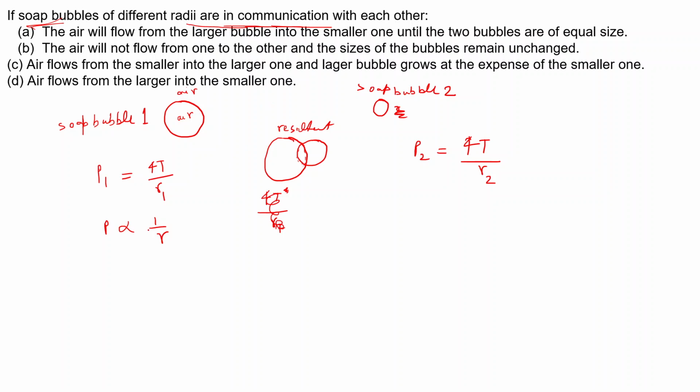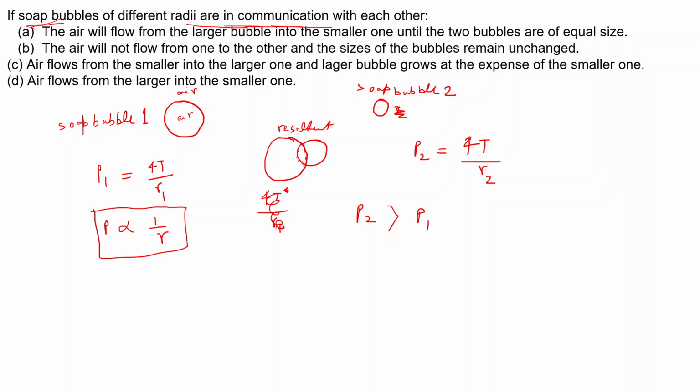Since excess pressure is inversely proportional to the radius of the system, and the radius is different for these two soap bubbles, the excess pressure will be more when the radius is small. So P2 will be more than P1.